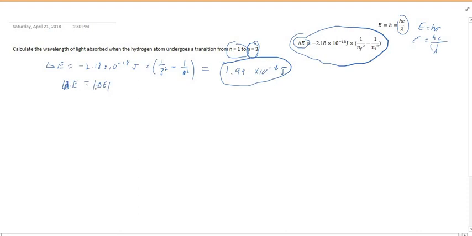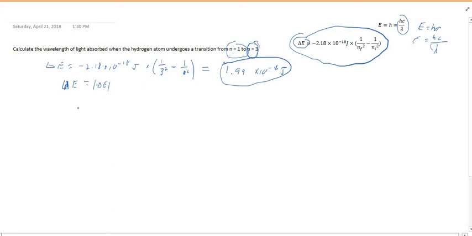So even if this did come out to be a negative number, meaning that the system was giving off, or in this case emitting light, just know that when we move that energy over into these other equations, it is going to be a positive value. Okay, so now remember that the sign, either plus or minus, really has to do with the movement of energy, not necessarily the magnitude of the quantity.